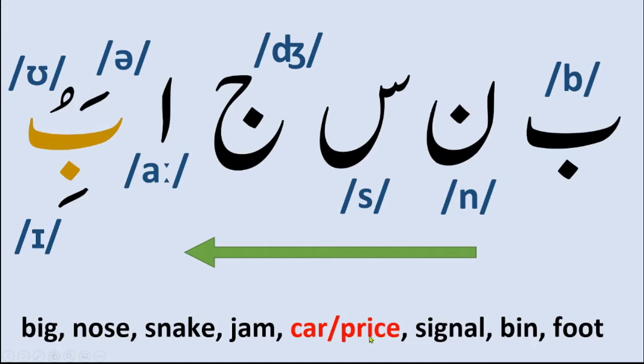So now the A sound of price is very similar to this A sound of Alif. Then for Zabar, A in signal, for Zer, I in bin, and for Pesh, U in foot. Okay, now let's move on to today's new letters.